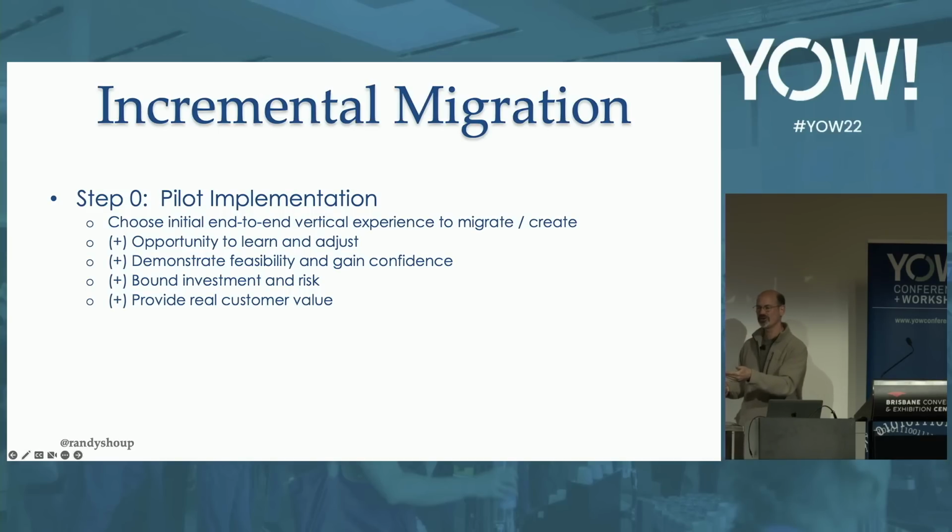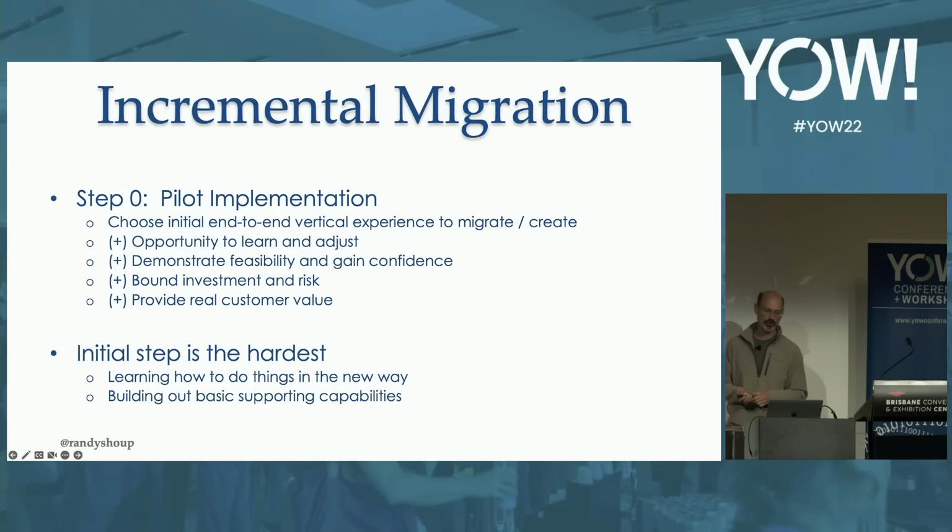We need to prove to ourselves that it's going to work, so it allows us to demonstrate the feasibility and gain confidence that we can do it. But it also allows us to focus very clearly on one particular area, so we don't have to solve all the problems around the entire aspect of our system, but solve problems that are just targeted in one particular area. And it also bounds our investment and risk in case it doesn't go particularly well the first time.